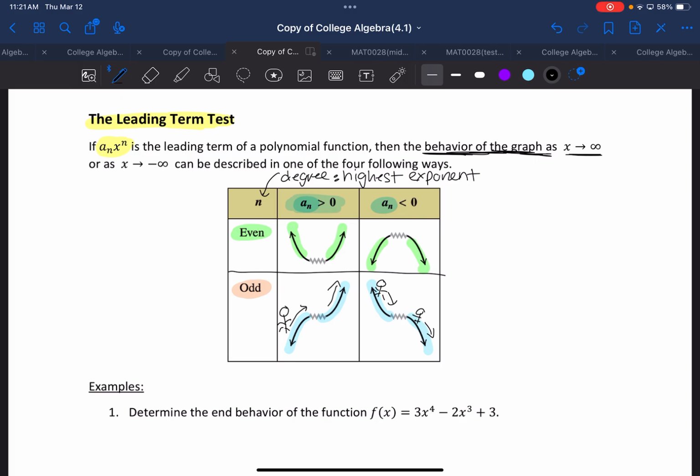Now, in words, the way that you'll see this described in Pearson, so let's talk about the first blue one. This would be described in words as falls to the left and rises to the right.